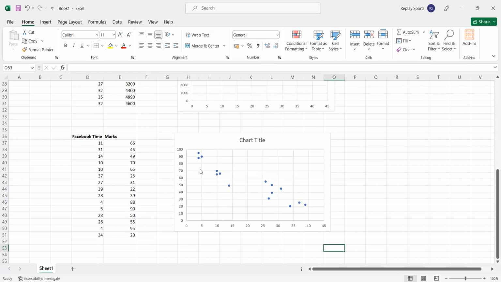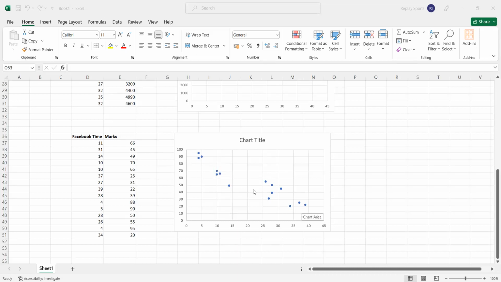You see this data. Here you will see there's a declining trend.